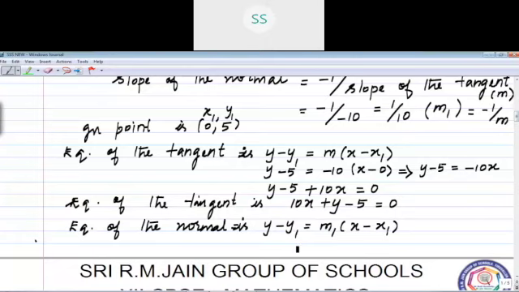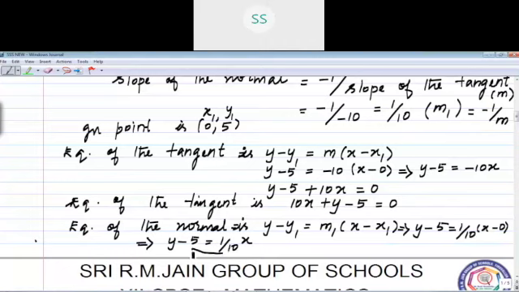Now, your m1 is what? 1 by 10, right? Which implies y minus the same point. So y minus 5 equal to 1 by 10 into x minus 0. Which implies y minus 5 equal to 1 by 10 into x.